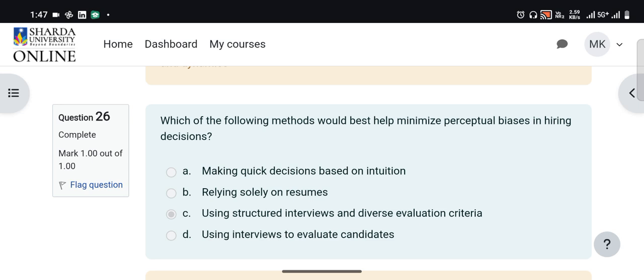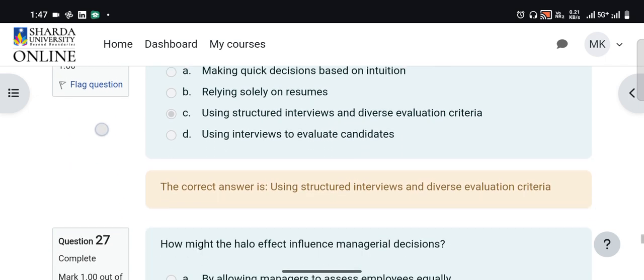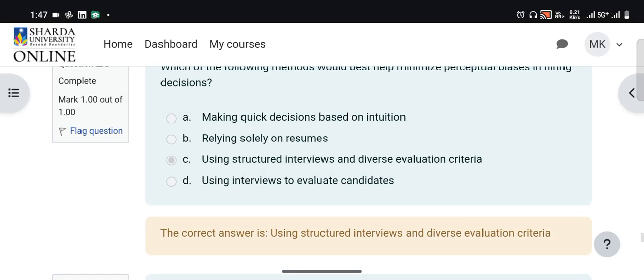Option C, using structured interviews and diverse evaluation criteria. Option D, using interviews to evaluate candidates. The correct answer is using structured interviews and diverse evaluation criteria.